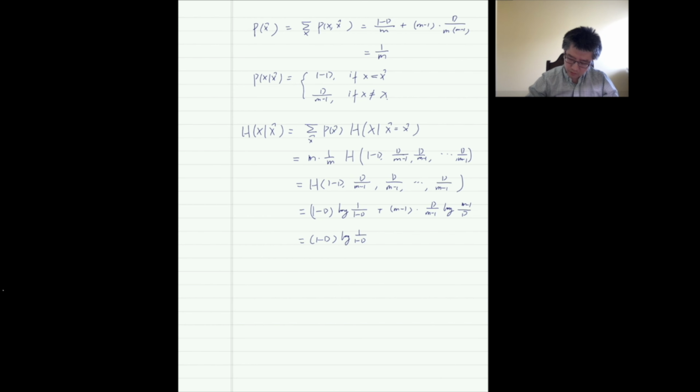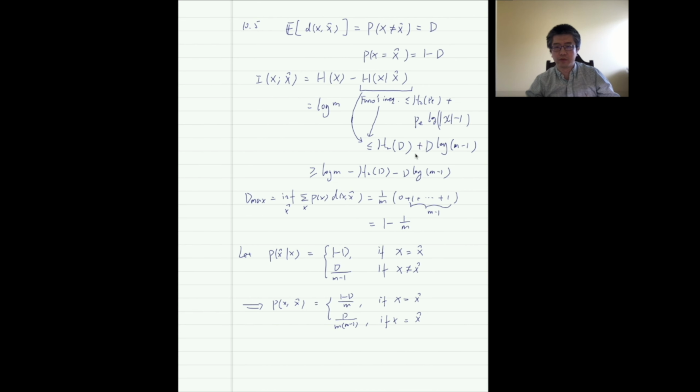So we can get d log 1 over 1 minus d, and then we only have one term left, which is d log n minus 1. Okay, and this equals to this plus d log n minus 1. So we can see whether that is something that we want, which is true, right? Therefore, we can show under this distribution, so this lower bound is achievable.